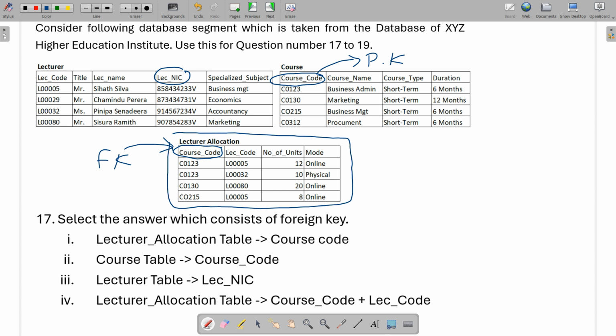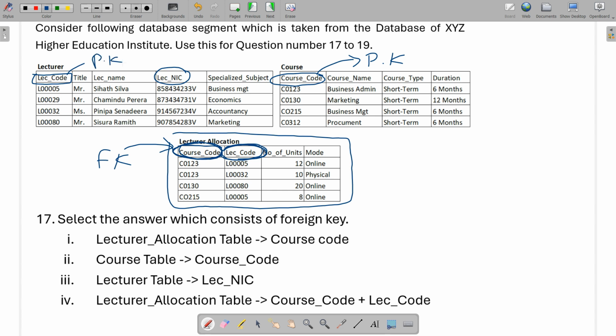The fourth one says lecture allocation table course code plus lecture code. When it is talking about these two things, of course you can create a composite primary key, and they can be foreign keys individually for the same table. In the lecture table, lecture code is the primary key.